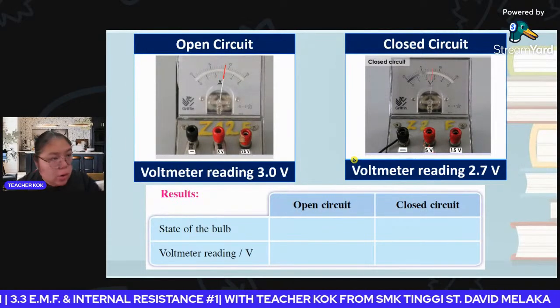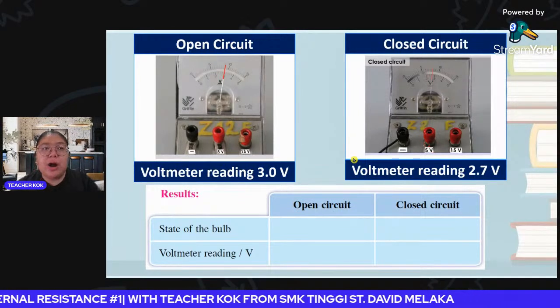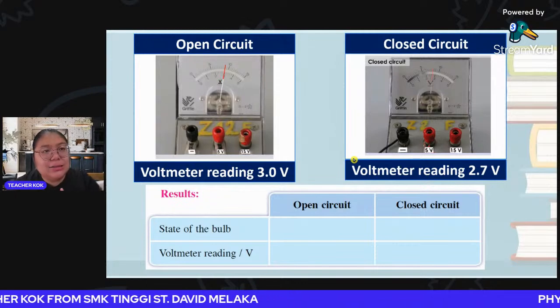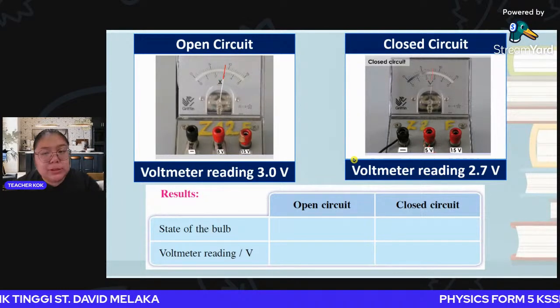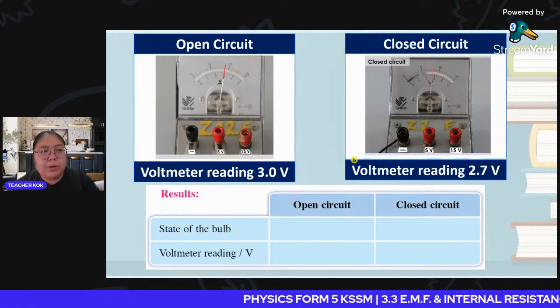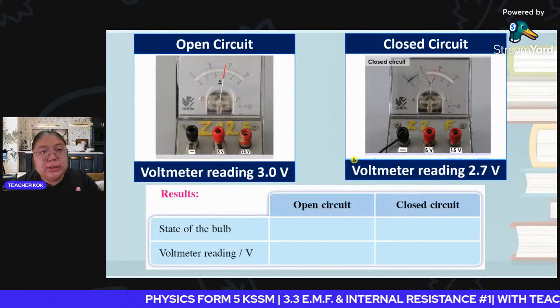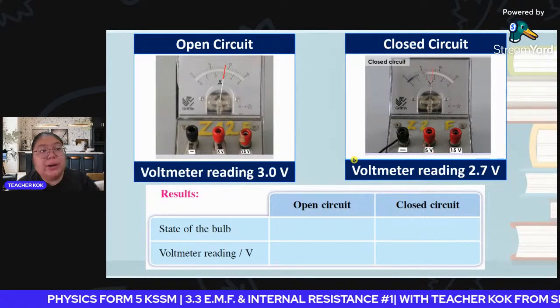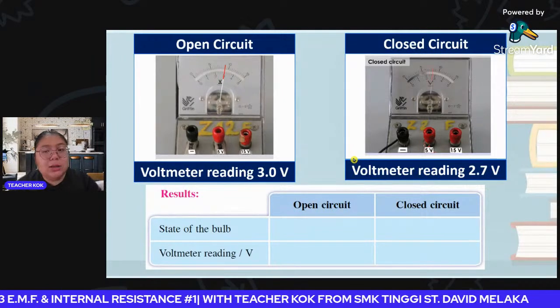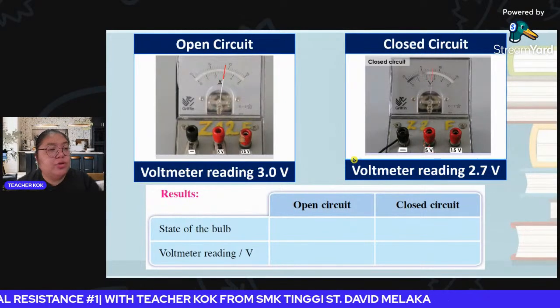When I close the circuit, I add another resistor, the external one. Just now we put in the bulb, so I need to overcome the bulb as well. Now we have 2 resistors, one internal and one external. So the voltmeter reading will drop.